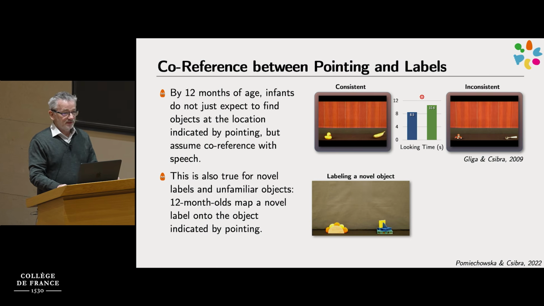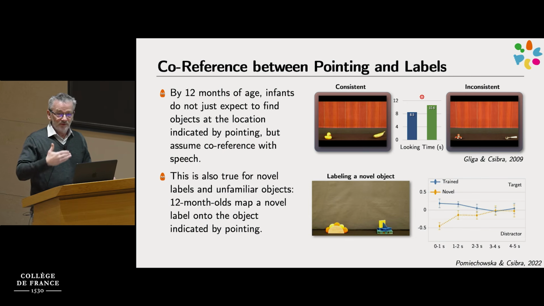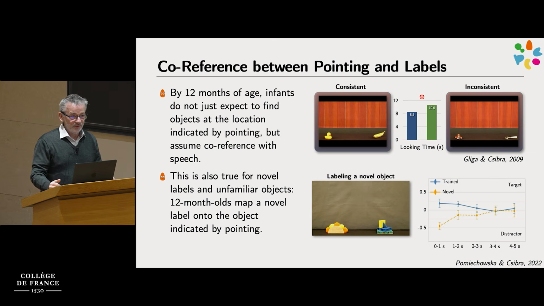So the contrast here is whether you use the same label as before or a different label, and it turns out that with the same label they look at the object which was originally labeled, and with the new label they don't. They actually look at the other object, which is interesting in itself, but it's not the topic of this talk. So the point here is not that infants can interpret labels.